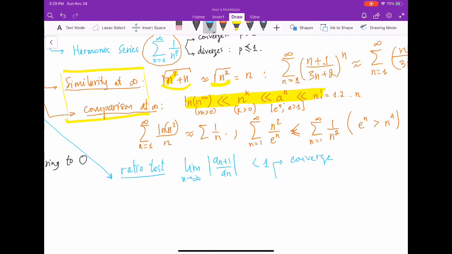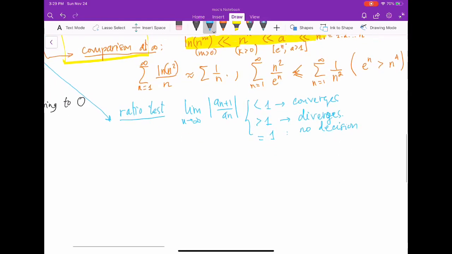If this limit is greater than 1, it diverges. And if this limit equals 1, sorry, we don't have any information, which means no decision. We cannot make a decision in this situation, okay?